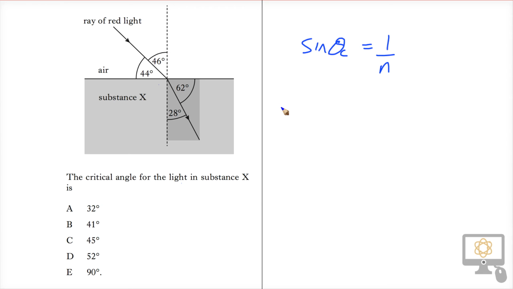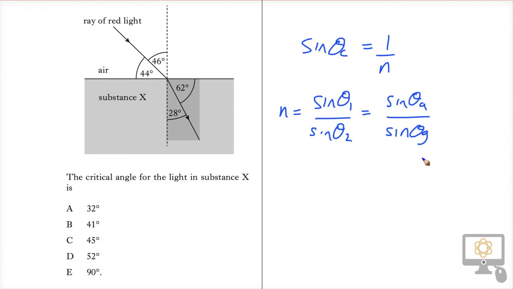And so the best way to do that is to use the other formula, Snell's law, sine theta 1 over sine theta 2, which I commonly teach my class as sine of the angle in air over sine of the angle in the glass.